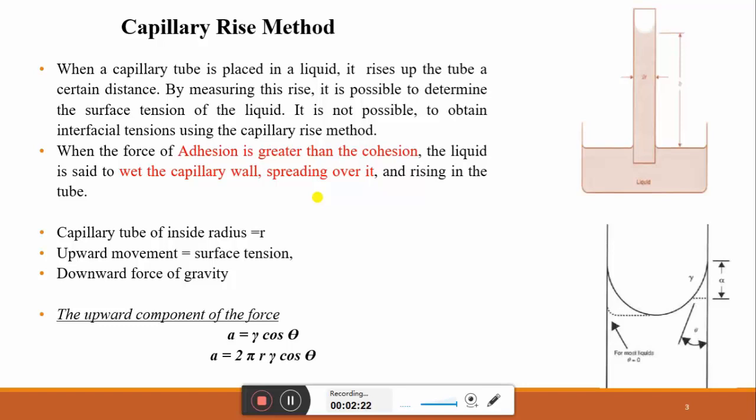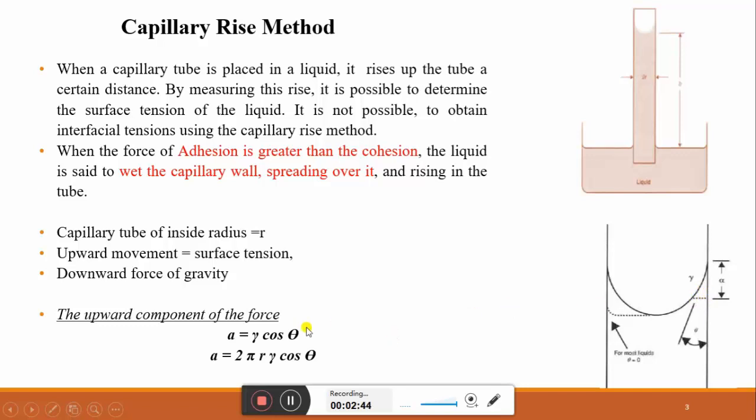So here the upward component of the force is equal to the surface tension. The upward force is equal to gamma into cos theta, where theta is the wetting angle between liquid and capillary wall.